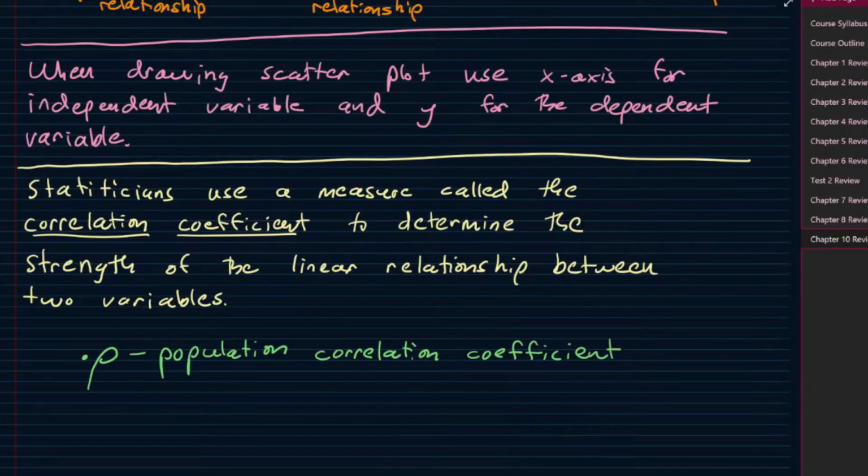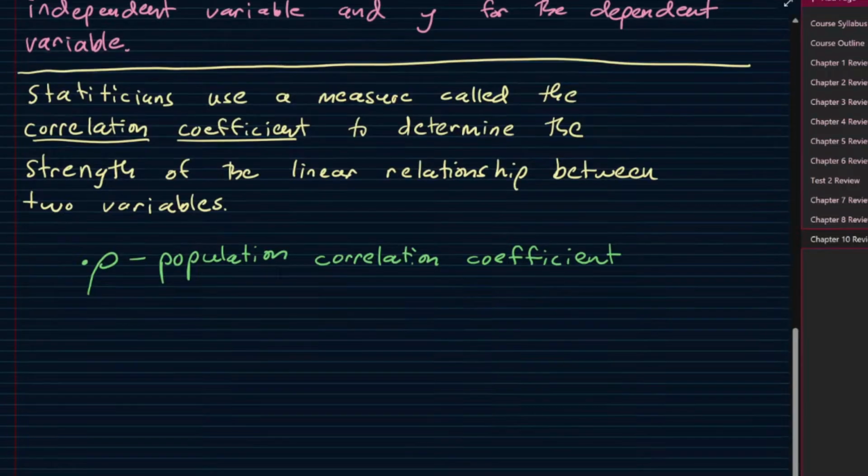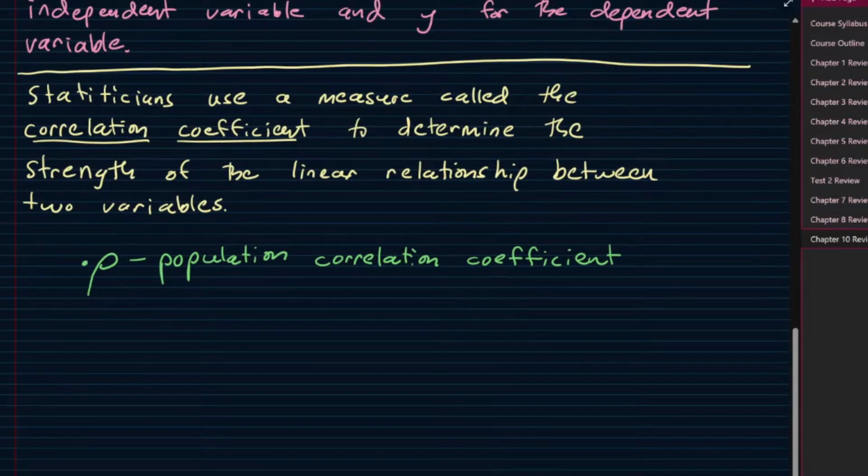Anyway, so rho is the population correlation coefficient, if we were to take the entire population and see how the two variables are related. And usually we're trying to estimate that, which is what we've done in all of our previous sections, where we try to estimate the population variable, often by using some sample variable.